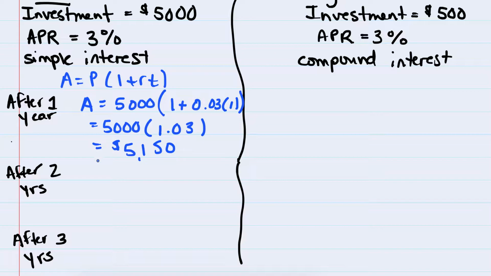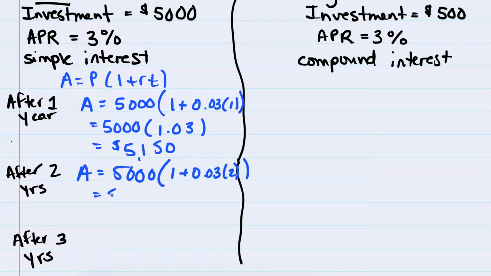So how much would he have after 2 years? Now you don't need the formula to figure this out, but we're going to use the formula to figure it out. But we can just go ahead and say what it's going to be, because if it's $150 interest each year, then after 2 years he'll have $5,300. But let's put it in the formula to double check. So this is 5,000 times (1 plus 0.03 times 2), because it's 2 years. Still the same principal, still the same rate.